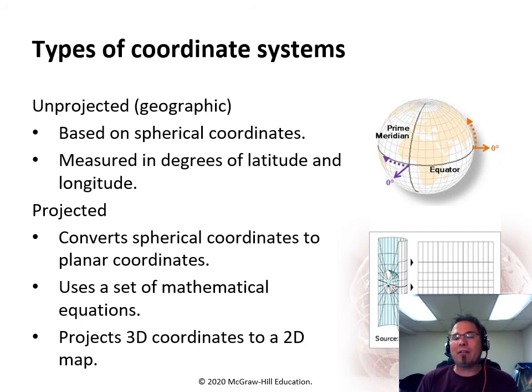You just have to dot your I's and cross your T's. And that takes it from a 3D coordinate system to a 2D coordinate system. And with that, there are some inherent concessions you have to make in terms of distortions. We'll get to that in a second. So just understand, unprojected is geographic coordinate systems, which is Lat/Lon. So unprojected equals Lat/Lon. Projected is planar coordinate systems.